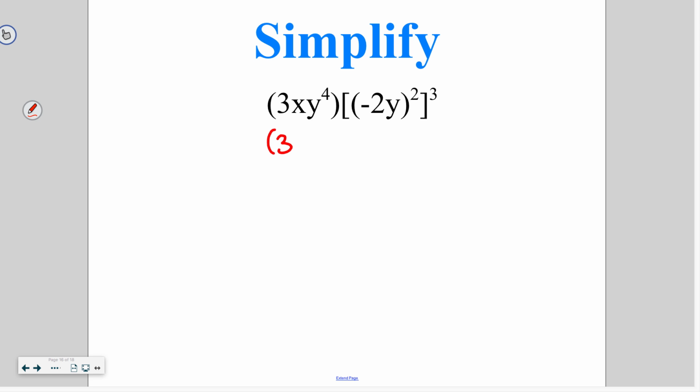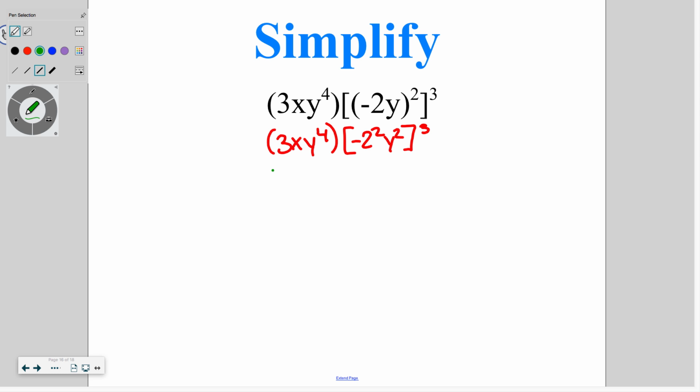So I'm just going to go ahead and copy this first part, since I haven't done anything to modify that yet. And inside now, I've got negative 2 to the 2nd power and y to the 2nd power. And that expression is still being raised to the 3rd power. So if I can simplify anything in here, which I can, I can solve that numerical exponent.